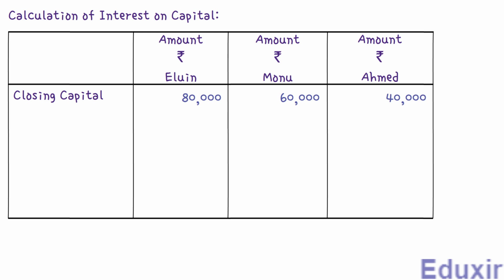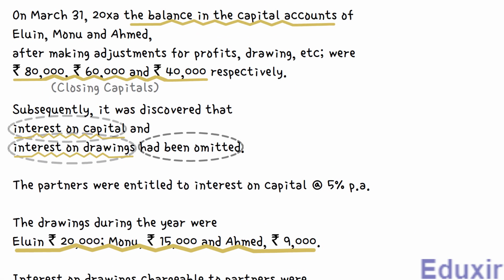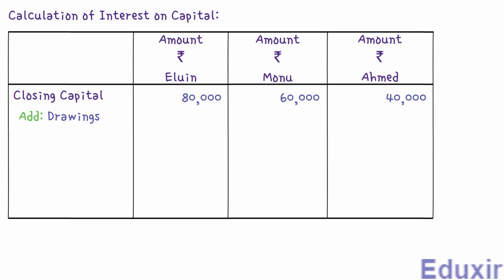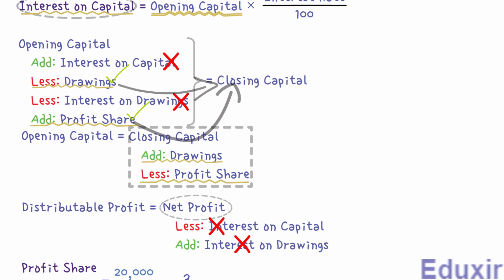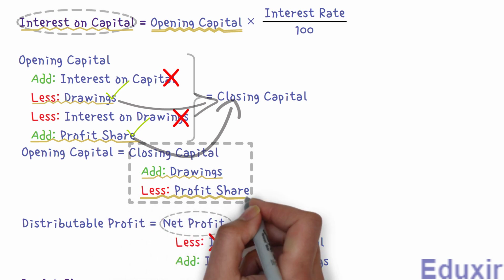To this, let us add the drawings made by each partner. Just to remind you, the drawings made by each partner are given as 20,000 rupees, 15,000 rupees, and 9,000 rupees. Let's write this in our table: 20,000 rupees, 15,000 rupees, and 9,000 rupees. Now, as per the formula, we have to lessen the profit share.